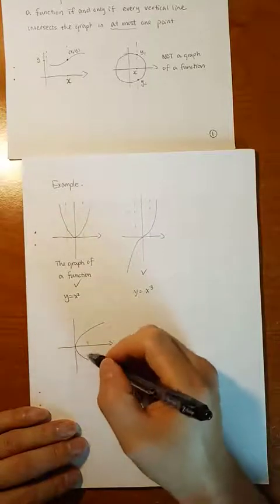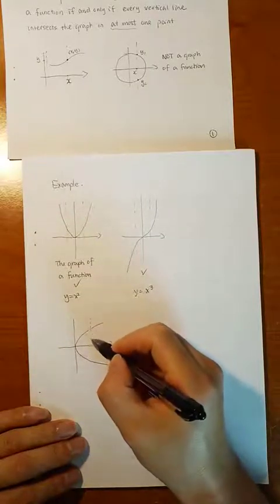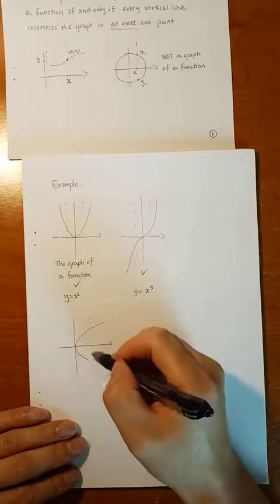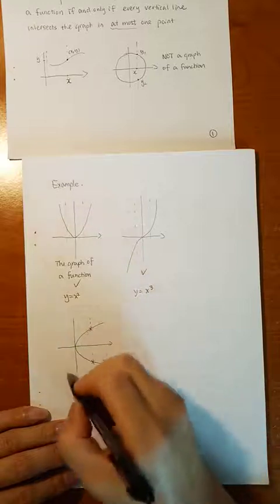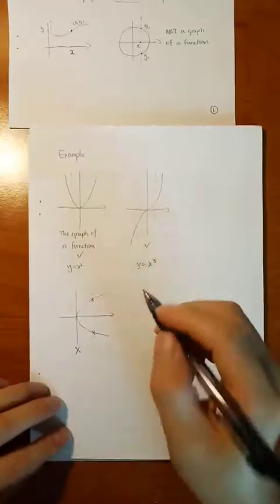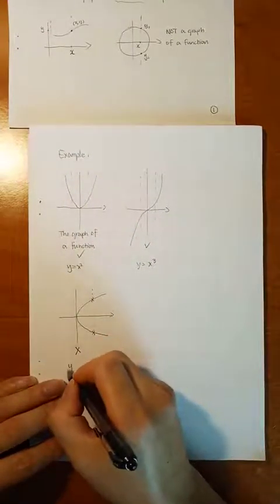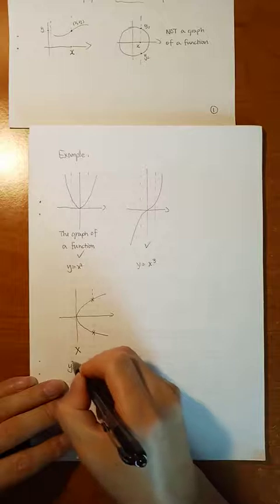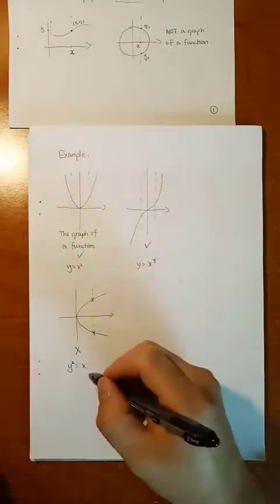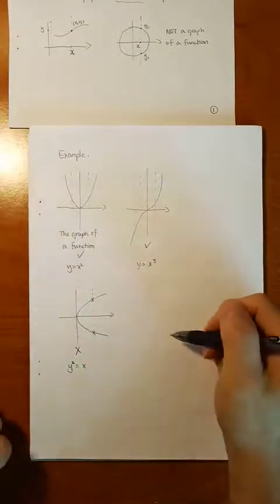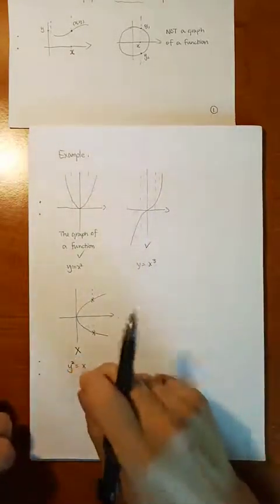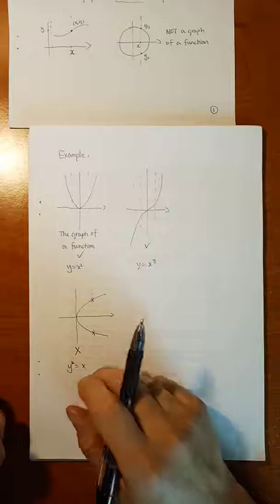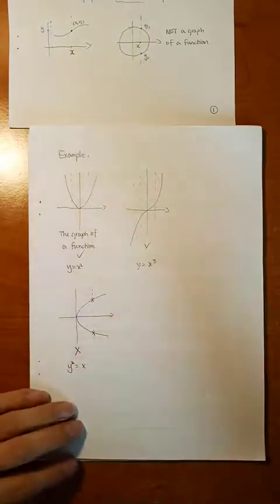And if we have this one, unfortunately, when we draw it, you will have two intersection points. So this is not a graph of a function, and this is possibly the graph of the equation y squared equal to x. Remember that's y squared equal to 4px, that parabola, the first standard position.